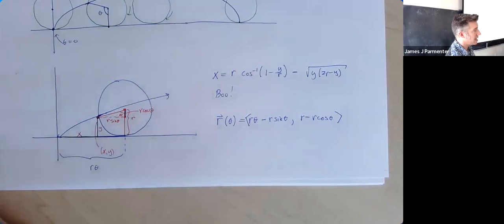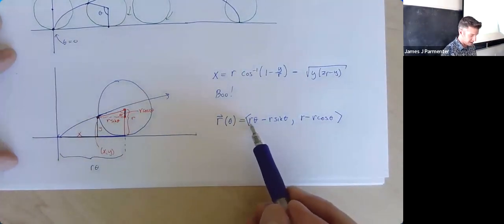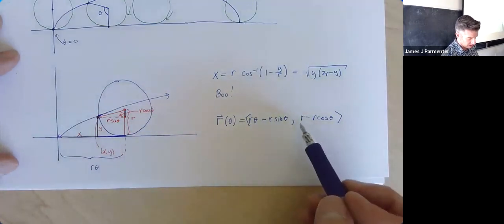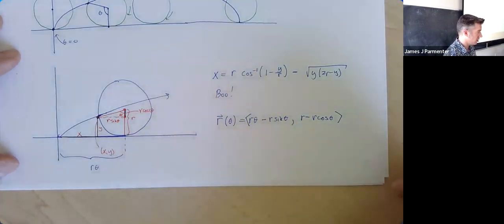So if you roll through an angle of theta, you end up at an x coordinate of r times theta minus r sine theta, and a y coordinate of r minus r cosine theta.